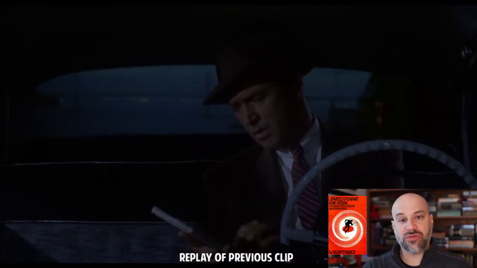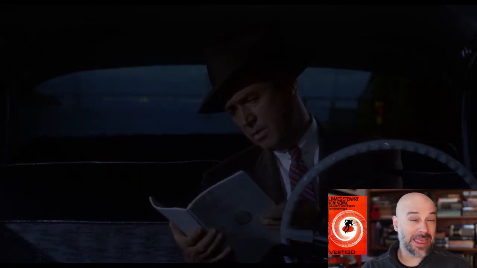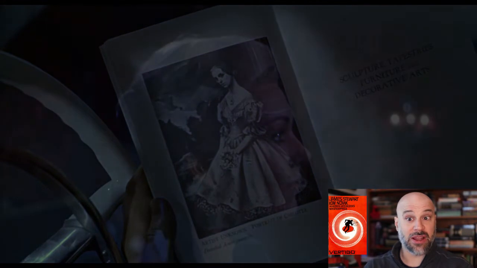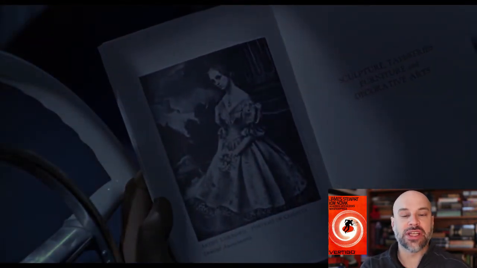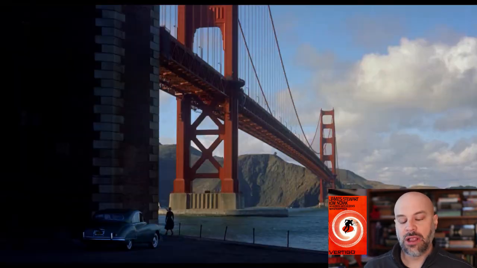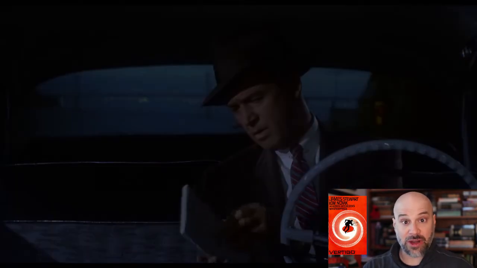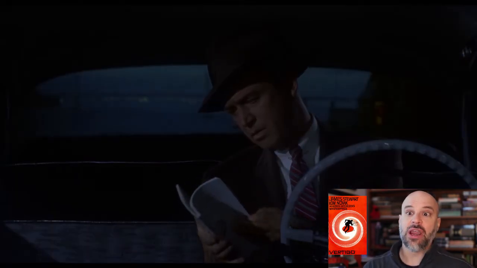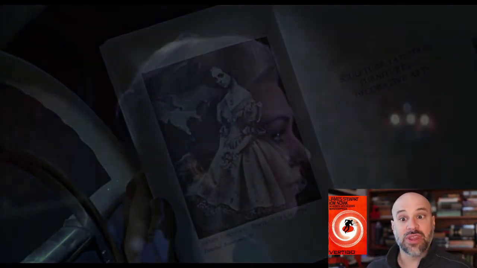So in this very moment in the movie, the dissolve shows you Scotty thinking of the profile shot of Madeline, putting that on top of Carlotta and making a logical connection or association between the two. Literally, a dissolve does this because it's putting one image on top of another image, thereby bringing them together and associating them together. Therefore, in this particular moment, you know what Scotty is thinking through this kind of dissolve.